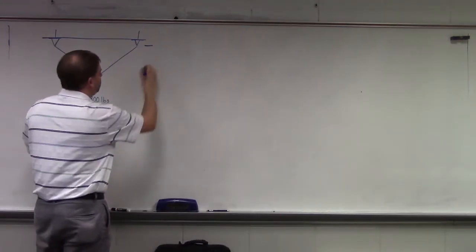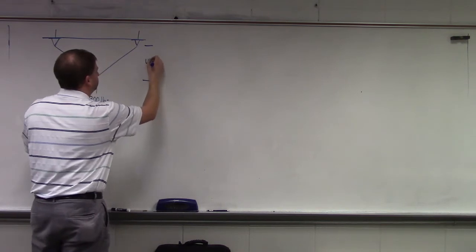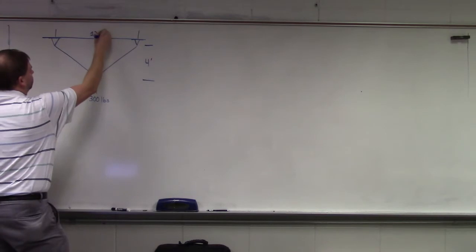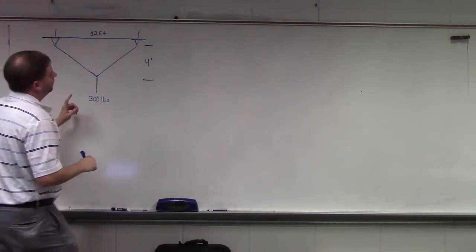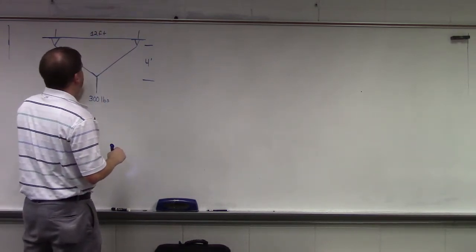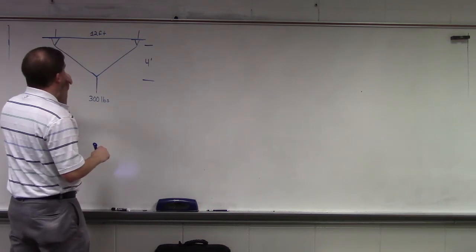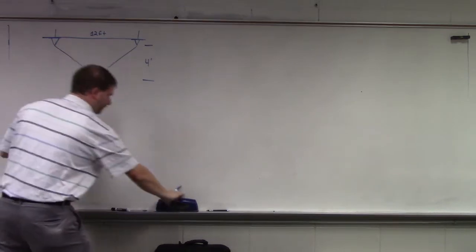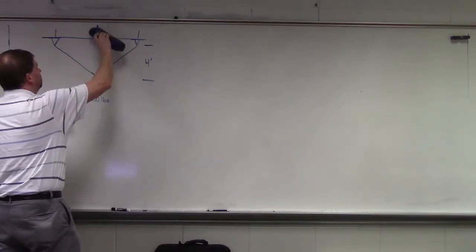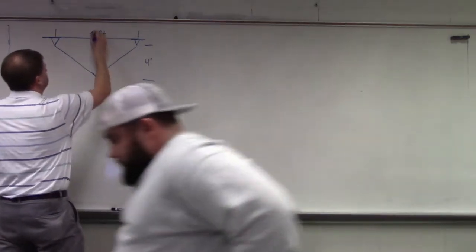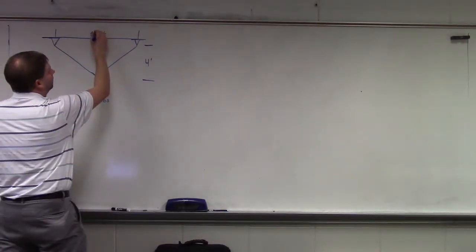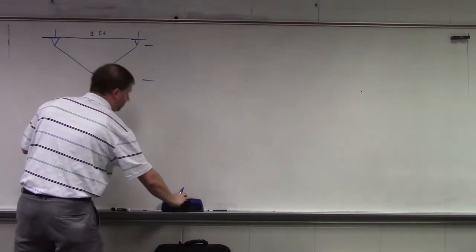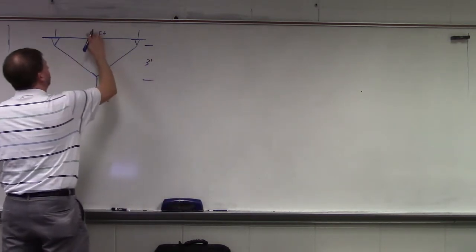So we'll say that it's 4 foot here, and we'll say that we have 12 foot here. Let's actually change that. Let's make this 10 foot. We'll make this 3 foot. And we'll make this 8 foot.